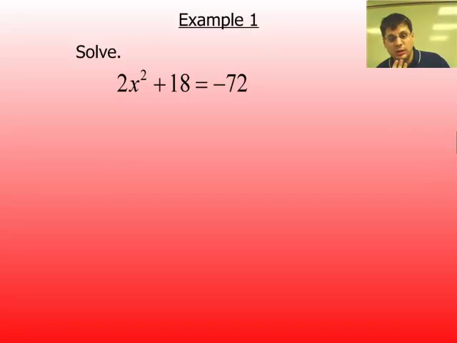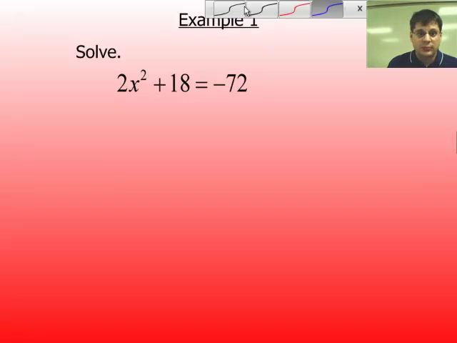Okay, so let's talk about solving quadratics and how imaginaries come into play. So here we have an example, like 2x squared plus 18 equals -72. We only have a single x squared, so the best way of solving this is probably to take a square root. We'll start that process.